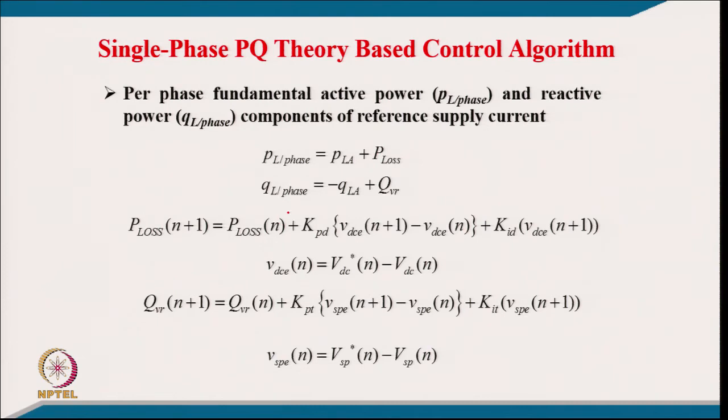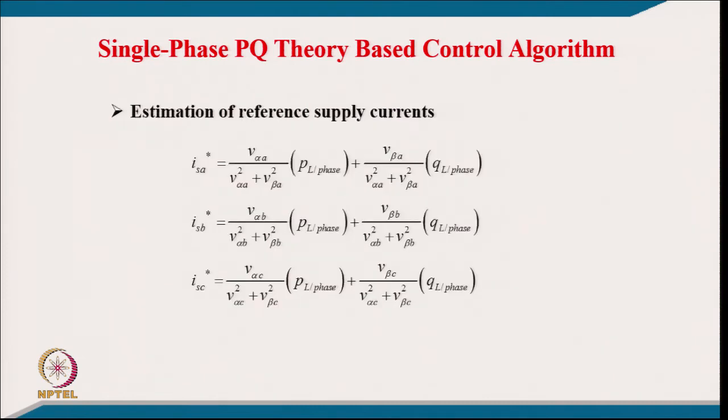Once we know these, we can find the instantaneous reference grid current from the active power and reactive power relations using this expression. This expression is the same as the instantaneous symmetrical component theory we discussed earlier, which we call IRPT.